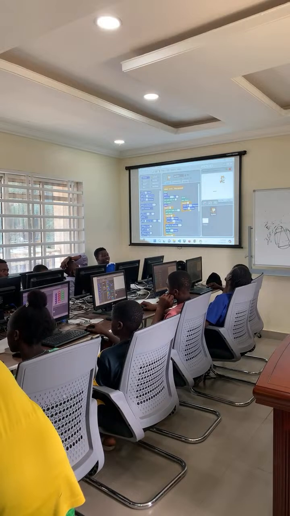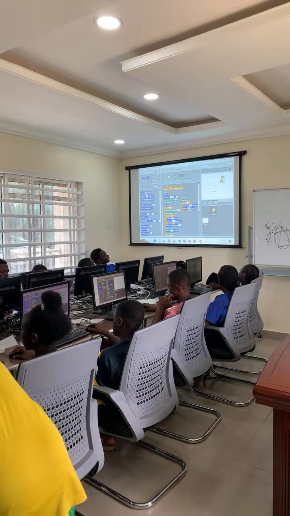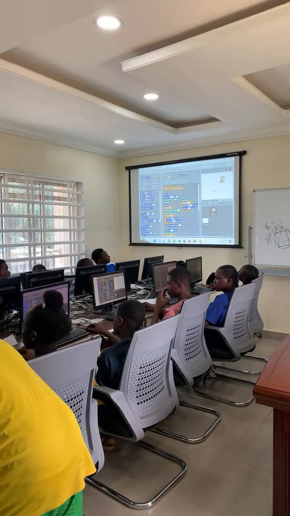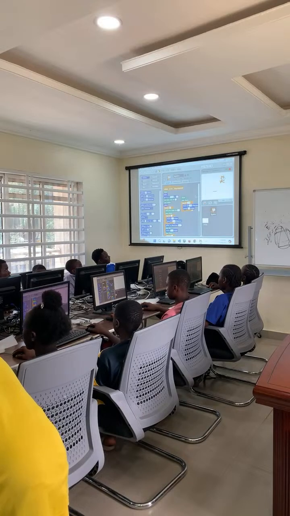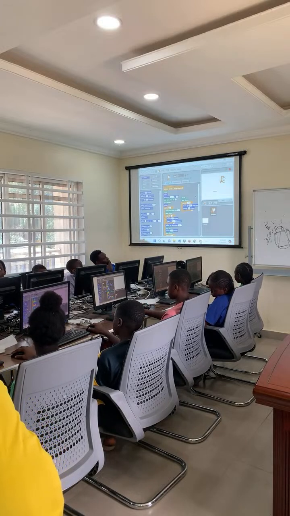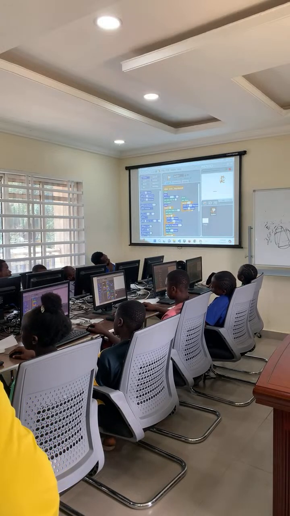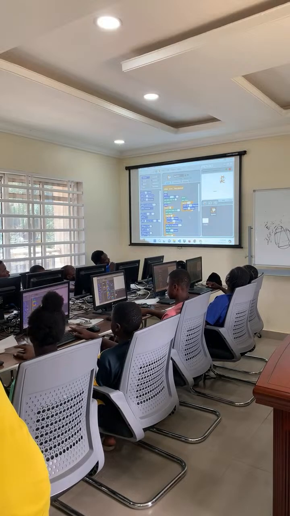Ideas. 360, right? Try your options. So repeat 360. Then what? Still turn 360 degrees? Okay, and move 50 steps. Eyes on the board.